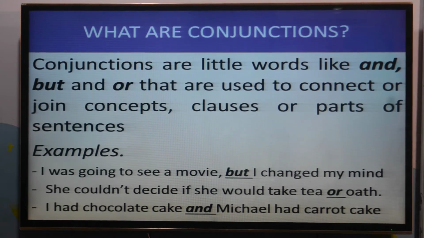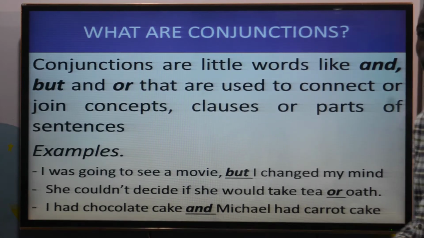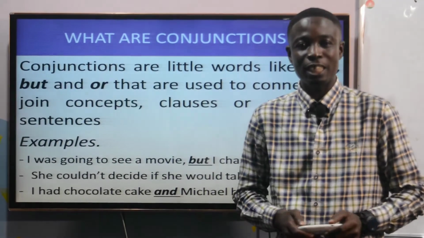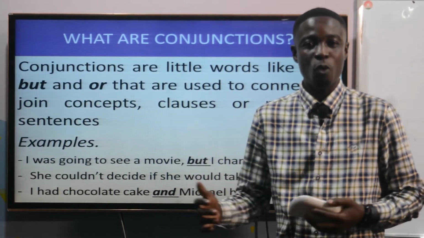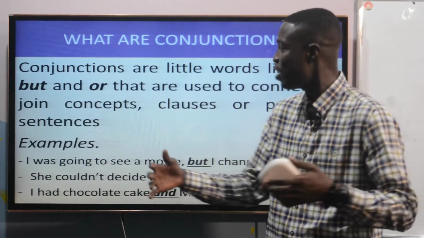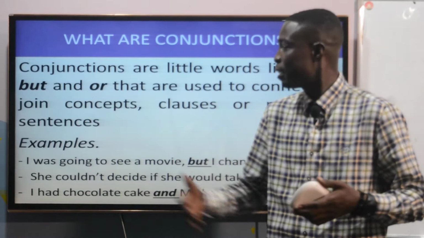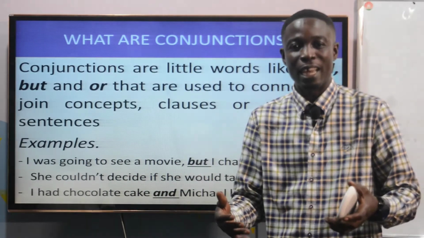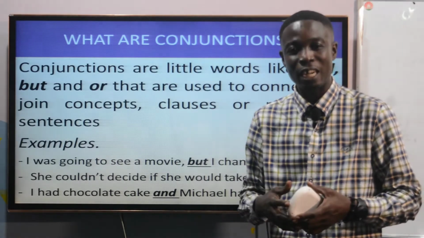Conjunctions are little words like and, but, and or that are used to connect or join concepts, clauses, or parts of sentences. So, like the explanation goes, any word that is used to connect different ideas, different concepts, or different clauses is referred to as a conjunction.